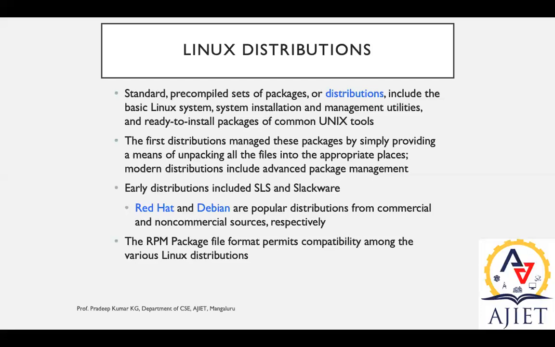So generally, if you want to launch your own Unix operating system as a product, then you are supposed to utilize these things. You download the pre-compiled set of packages, you add your own into that, you attach it, and you launch it under your name as your distribution. So the first distribution managed these packages by simply providing means of unpacking all the files into appropriate places.